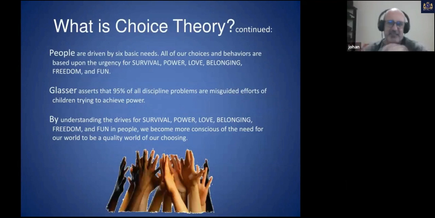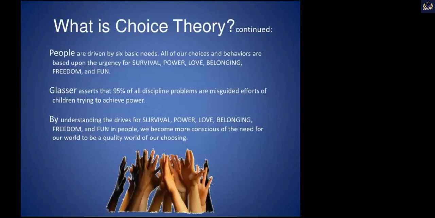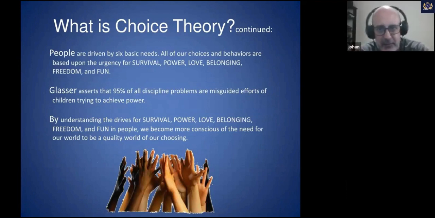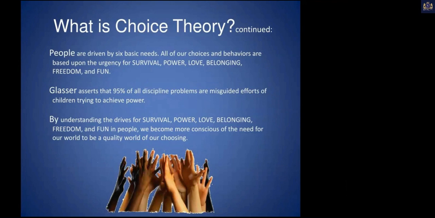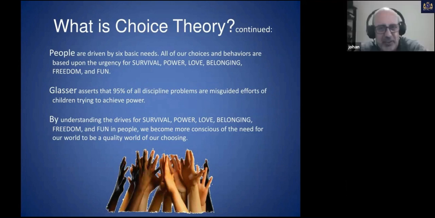I'm going to come into this now. People are driven by, they say 6, but I say 5 because I'm making love and belonging 1. We're coming back to 5 actually. All of our choices of behaviors are based on the urgency for number 1, survival. We make our choices on how we want to survive. There is a master slave theory from many years ago that I also used.